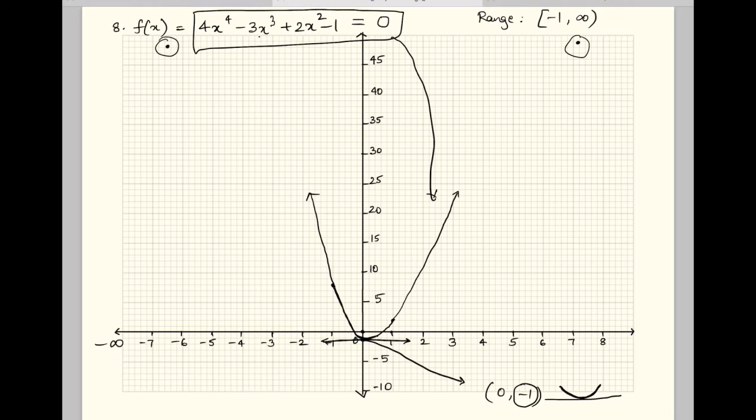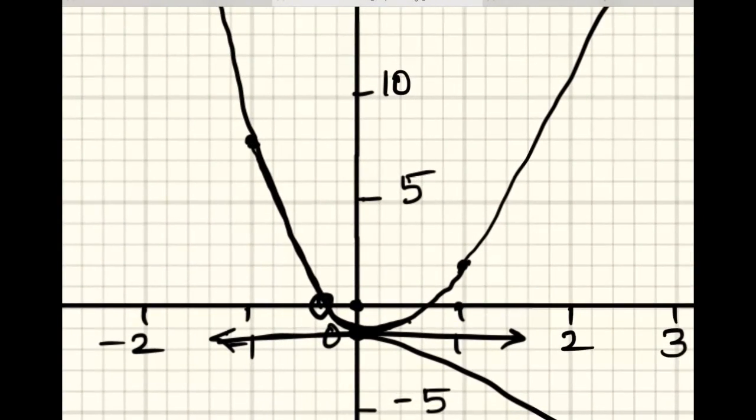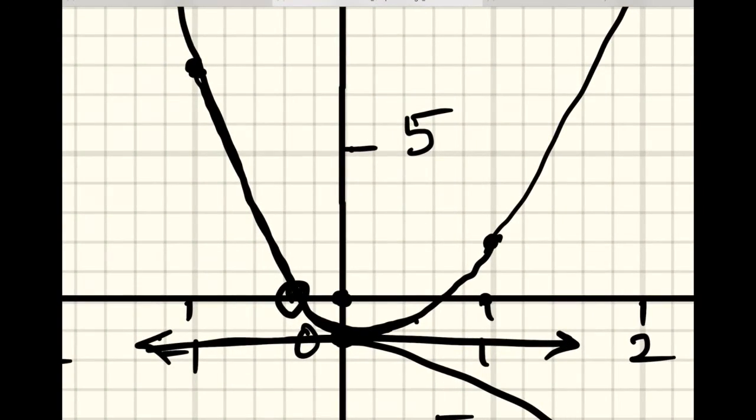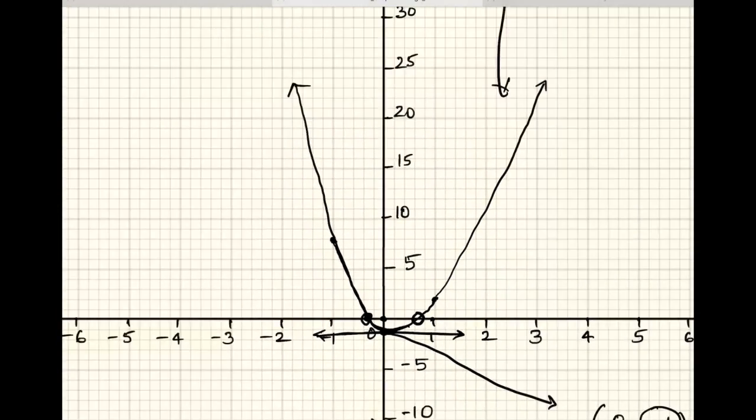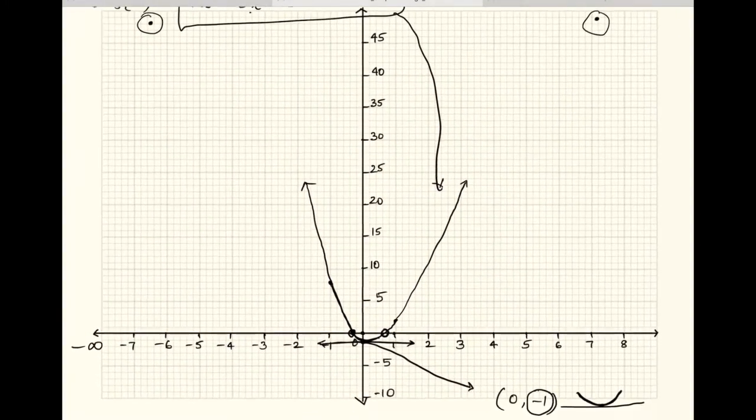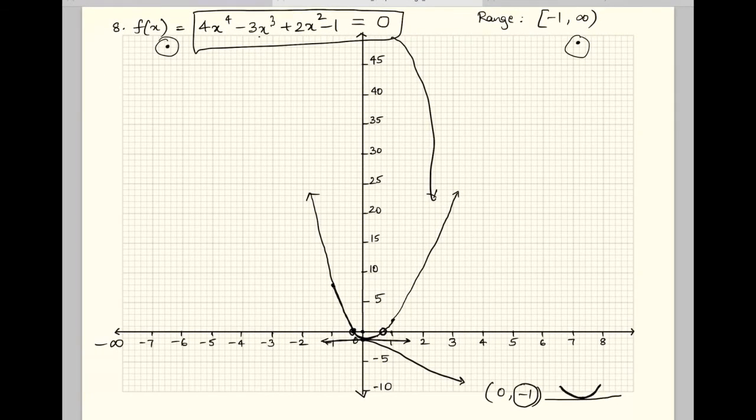So at how many points it's intersecting? This is one point. Okay, so if I zoom it, you will get this as 1 point and this as the other point. So you will get two roots. One root is in between minus 1 to 0 and the other root is in between 0 to 1. So lot of information you can obtain. That is the benefit of the graphs. Okay.